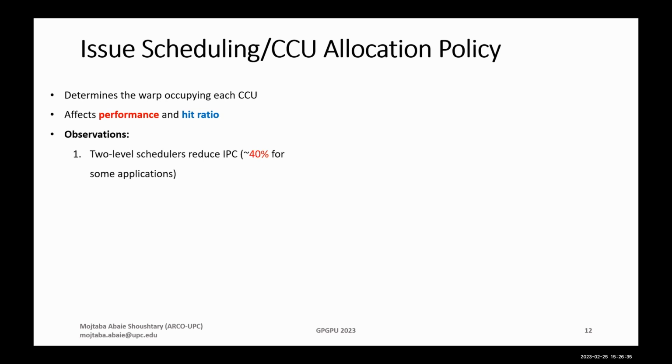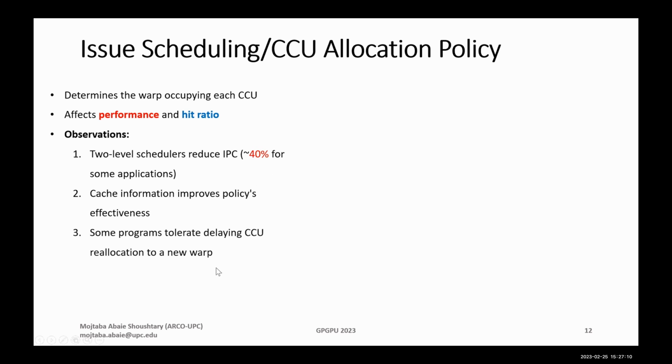Our observation was that using two-level schedulers, which is very common in these designs, to reduce the number of active warps that share the collector units or the caches, has a performance penalty. In some cases, I observed a 40% performance penalty in some applications. And cache information also, we observed, has some hints, and those hints can improve the effectiveness of this policy.